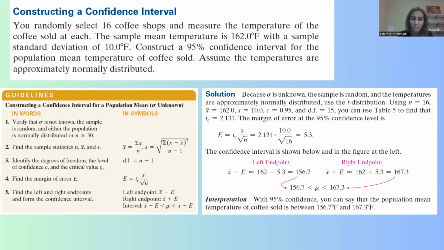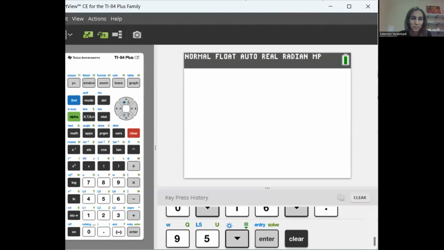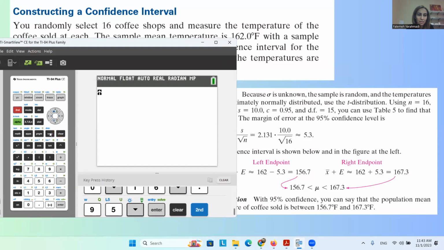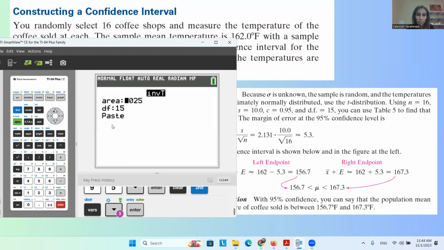Let's use our calculator. Let me set up the calculator for you here and share the screen so you can see how to calculate the critical value. So first of all, to calculate T sub C, you're going to go to second, vars, and then you're going to select inverse T because you're trying to find the TC for T distribution.